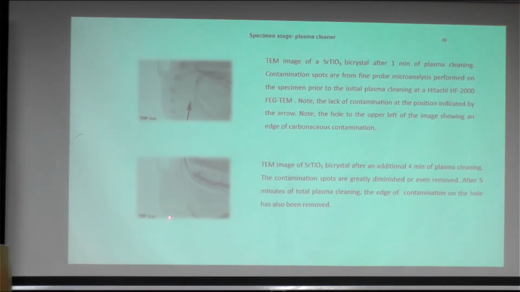Then you can remove it from the surface of your specimen. Sometimes you can also see contamination forming on your TEM specimen, because there are residual gases in the TEM, and because of electron beam and surface gas interactions, you can produce contamination on your specimen surface. By using plasma cleaning, you can effectively remove it.